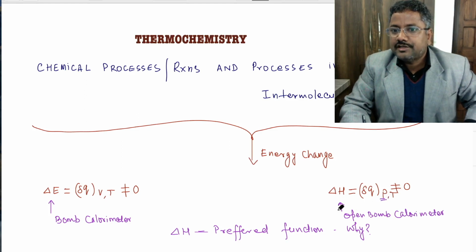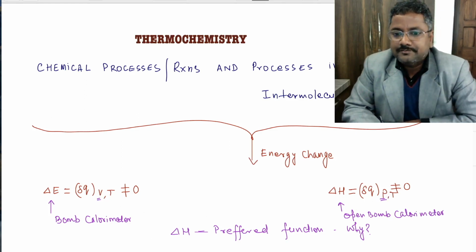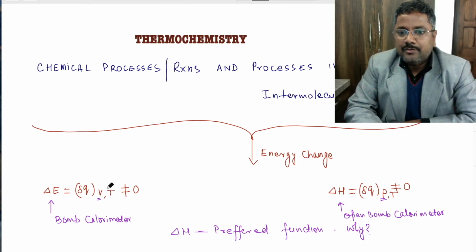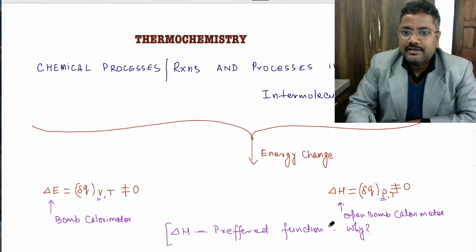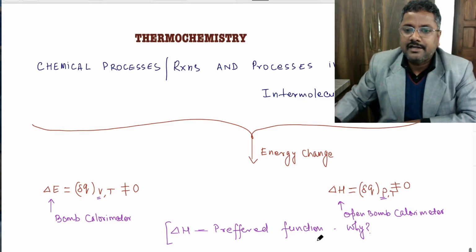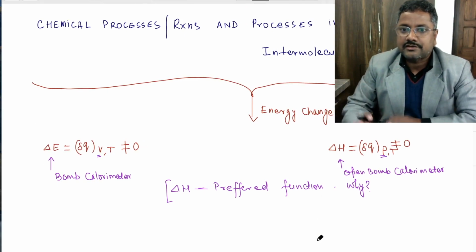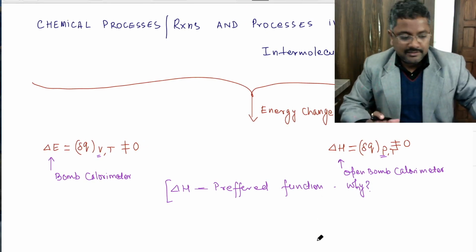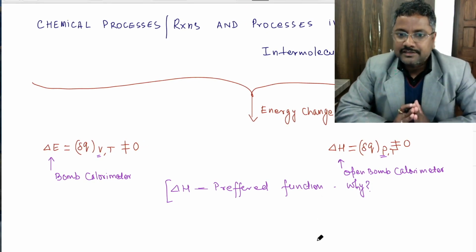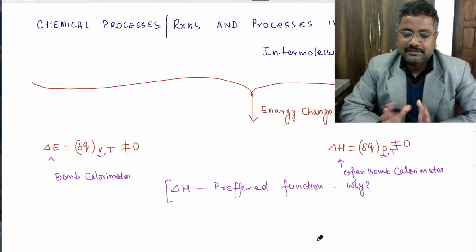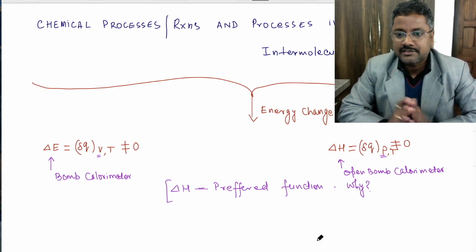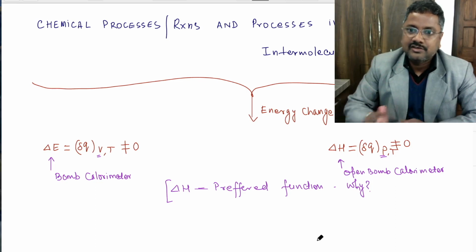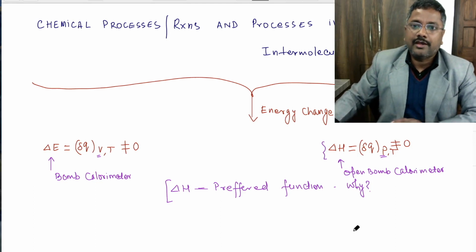Here pressure is constant and here volume is constant. So the bomb calorimeter is the one in which volume is constant, and here pressure is constant. So we always prefer delta H, because designing, monitoring, and every aspect of measuring this heat change at constant pressure is easy for us. That's why we prefer delta H. Clear to everybody? Okay, good.